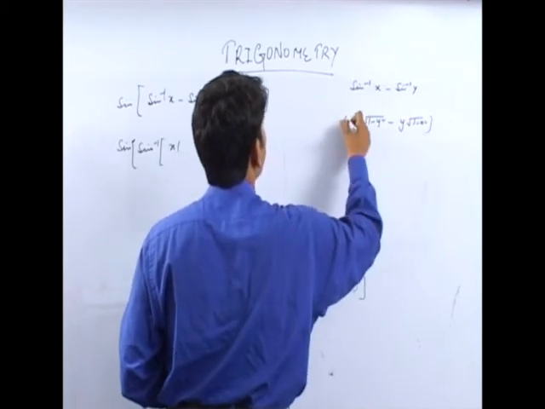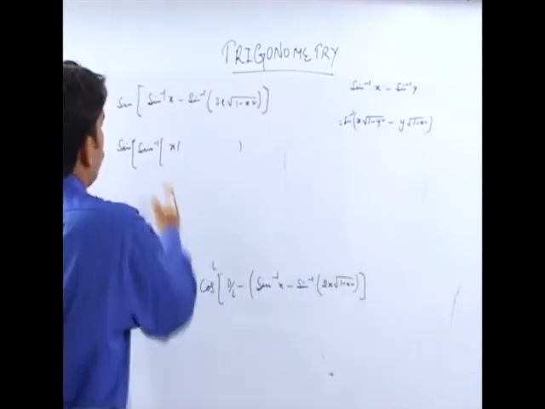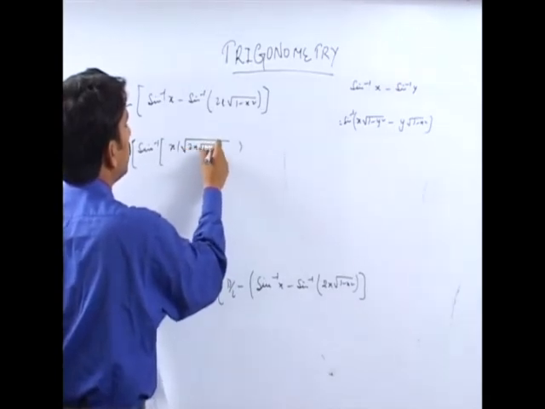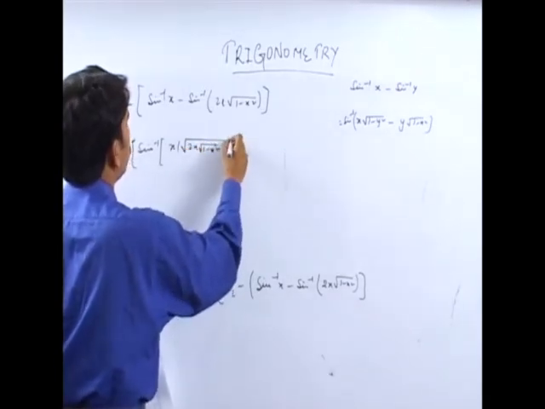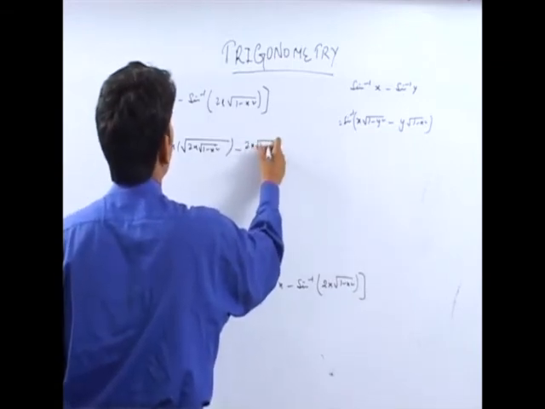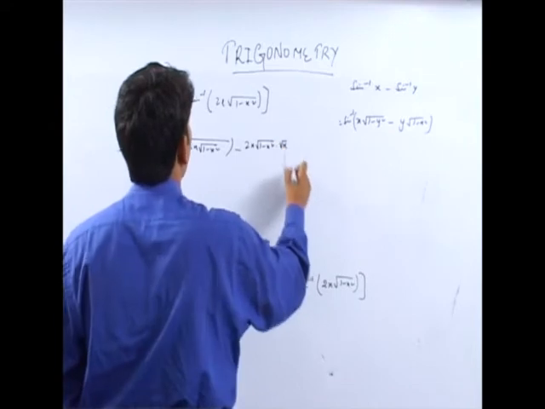Therefore, this will be equal to 2x under the root 1 minus x square minus 2x under the root 1 minus x square into under root x.